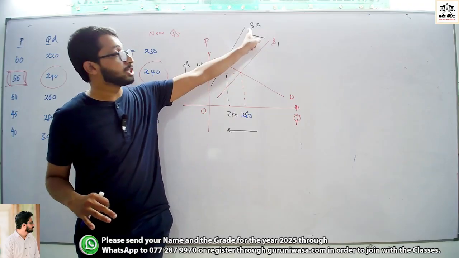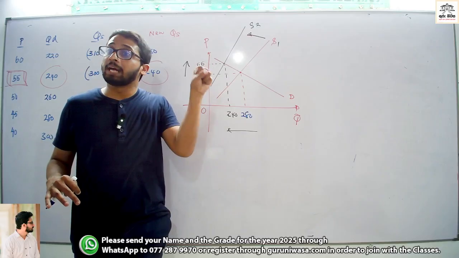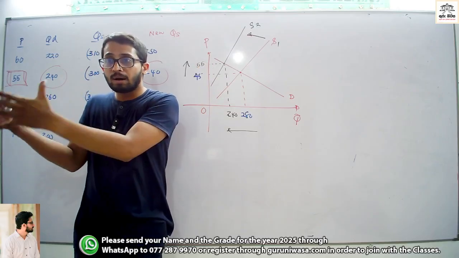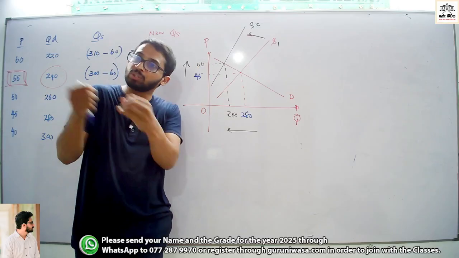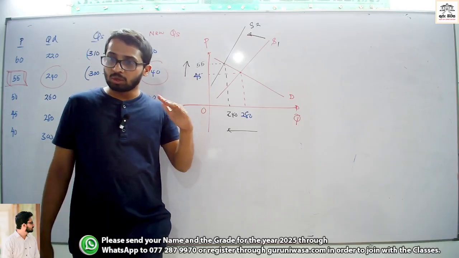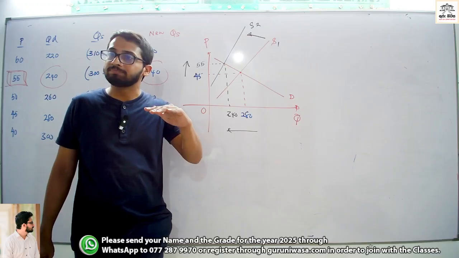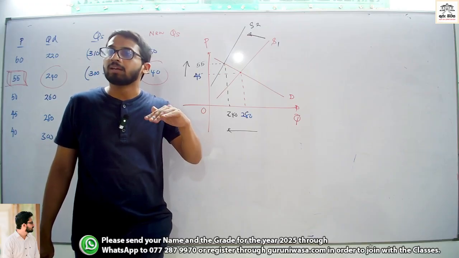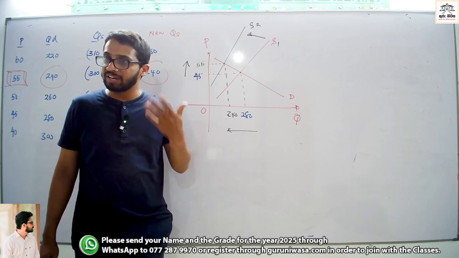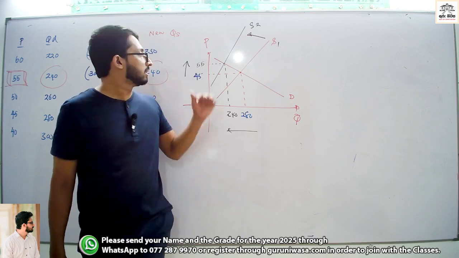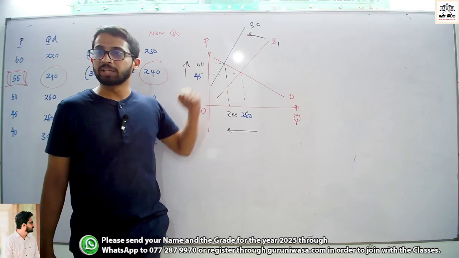When supply decreases in the market, fewer units come into the market, and the equilibrium price of the good under consideration increases, Lamai. Did you get the point?